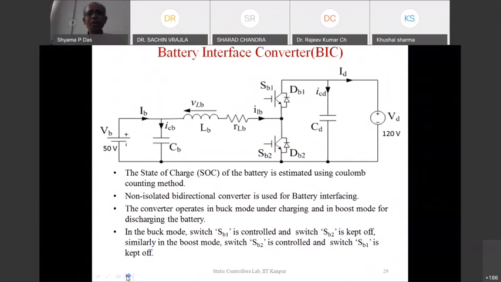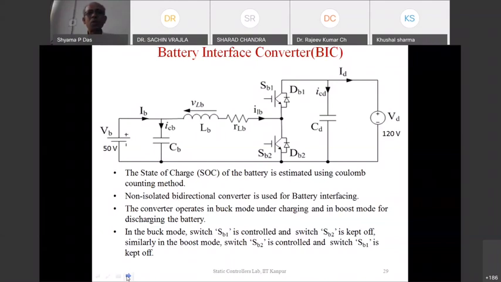This can operate in 2 ways. The battery can either charge or discharge. The battery can store power, and it can also give power. There are 2 switches, SB1 and SB2. In the discharge mode, the battery should be giving power to the microgrid. The microgrid has a voltage of 120 volt and the battery has a voltage of 50 volt.